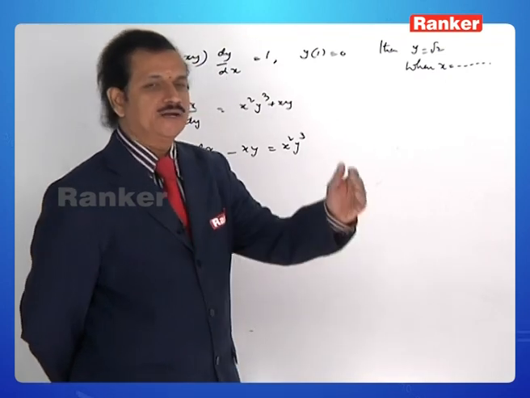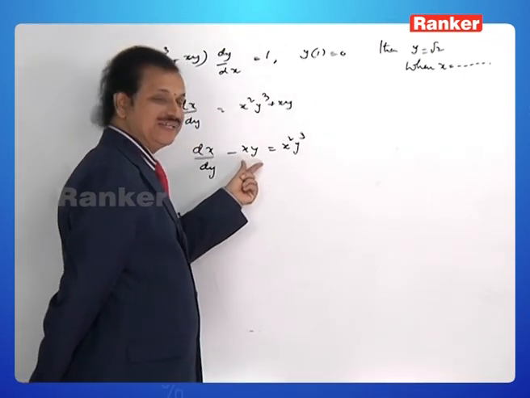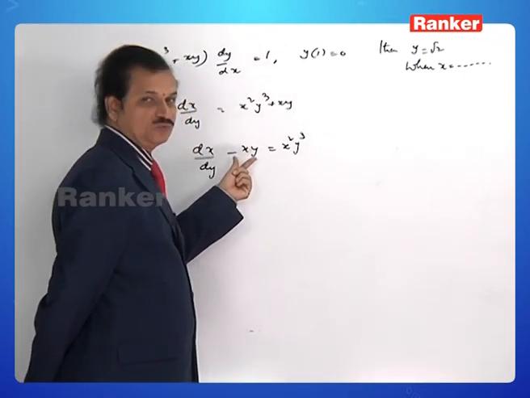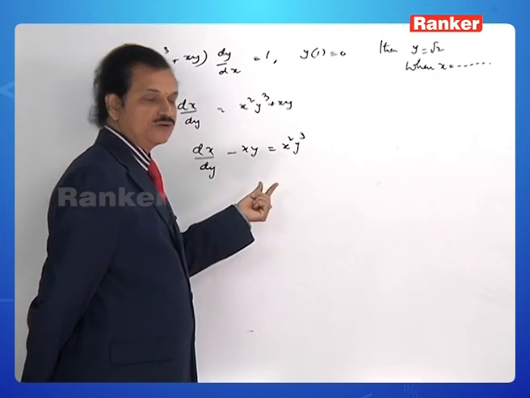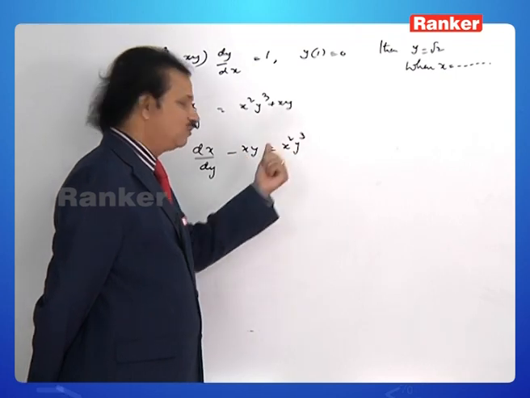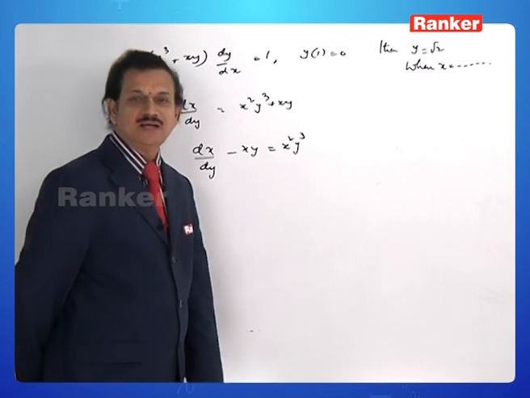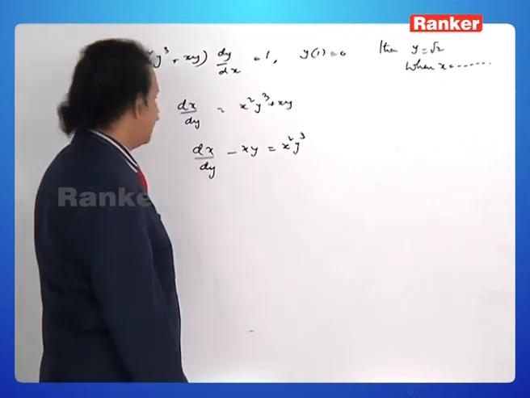What is that? dx by dy plus px, what is p here? Minus y is equal to q into x power n. In the place of q, what do you have? y cube we have. In the place of x power n, what do you have? x square we have. Well done.